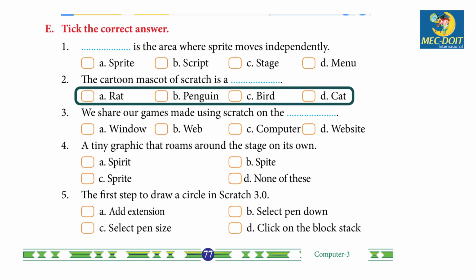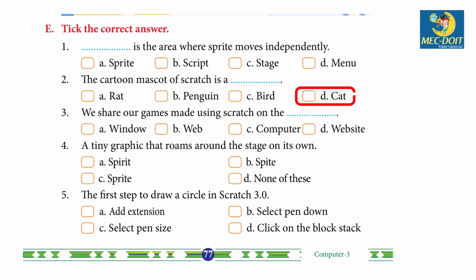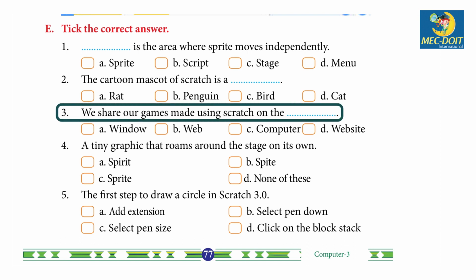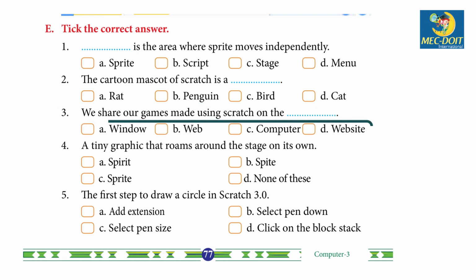B. Penguin. C. Bird. D. Cat. Answer D. Cat. 3. We share our games made using Scratch on the dash. A. Window. B. Web. C. Computer. D. Website. Answer B.